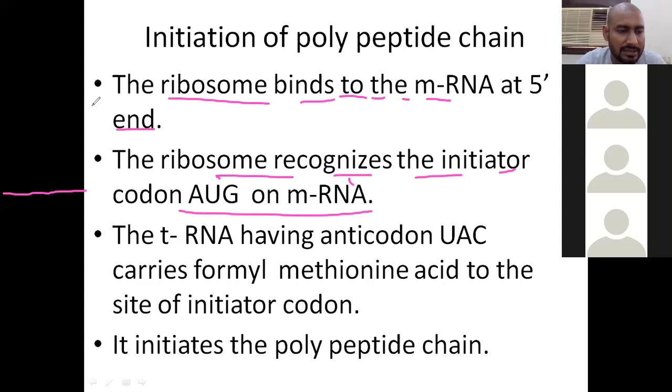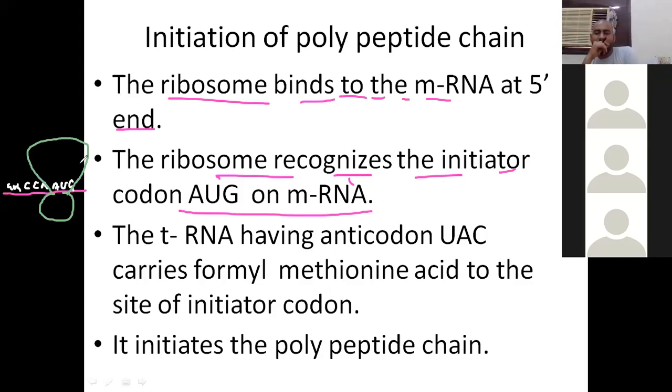Firstly, it recognizes. Suppose the sequence is GUGCCCA AUG, here AUG. So the ribosome will move throughout and perform the scanning. After scanning, it finds that AUG is present here. Then the ribosome will bind here, because AUG is the initiation codon.